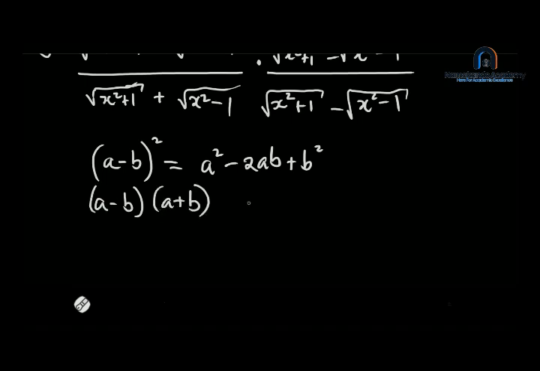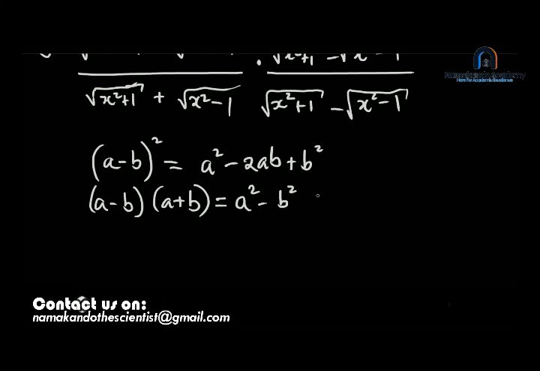This is the difference of two squares, so we get the first part a squared and the second part b squared, with a negative sign. This part is for the numerator, and this second part is for the denominator.